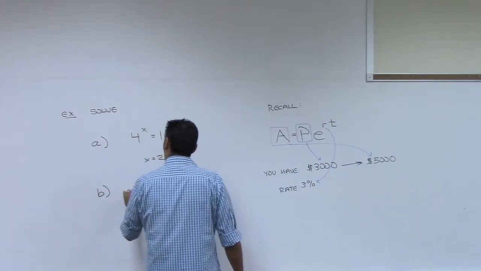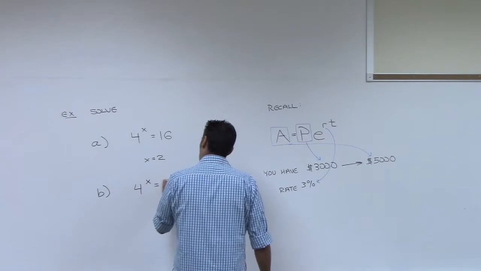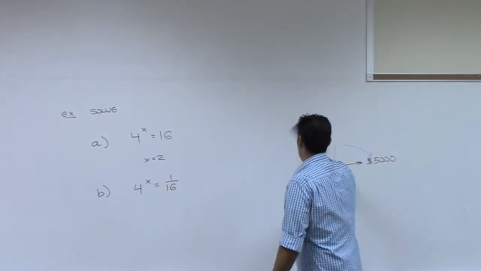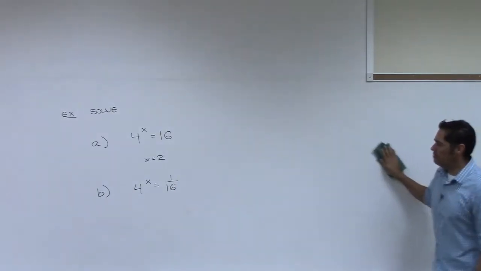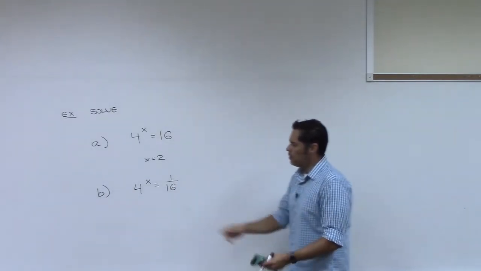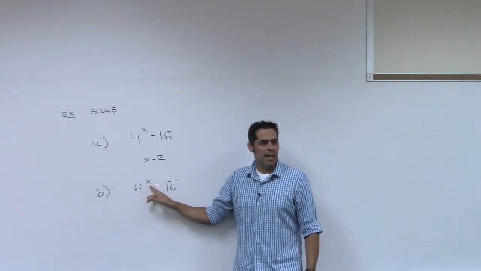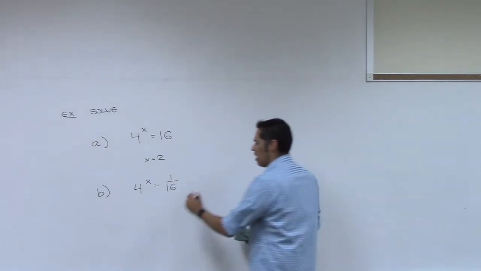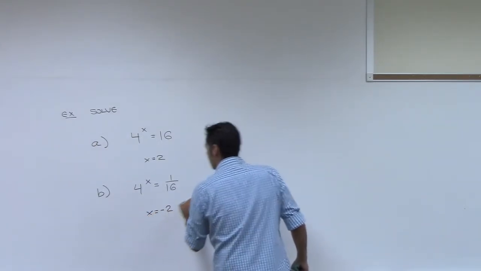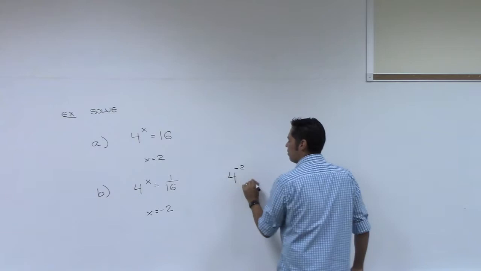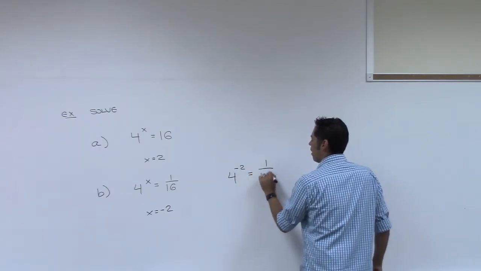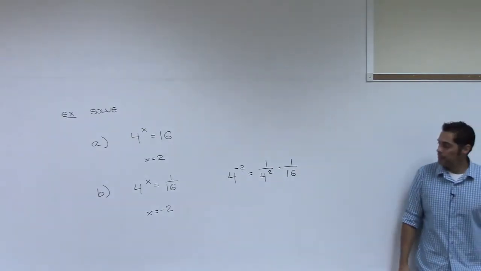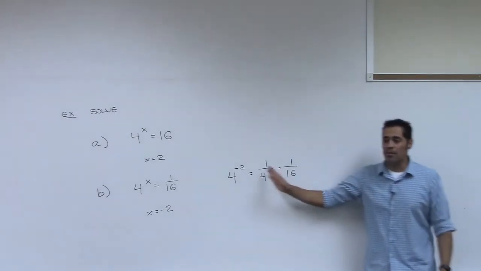How about 4 raised to what power is 1/16? -2. Now how are you getting that? Because if you put -2 here, that's the same as 1/4 squared, because of properties of exponents. Let's just check it. 4 raised to the -2 is 1/4 squared, which is 1/16. So it works. I'm just checking the work here.